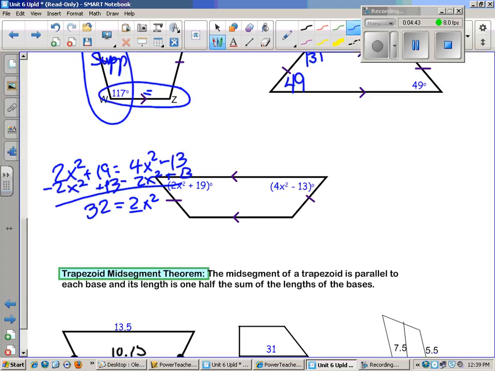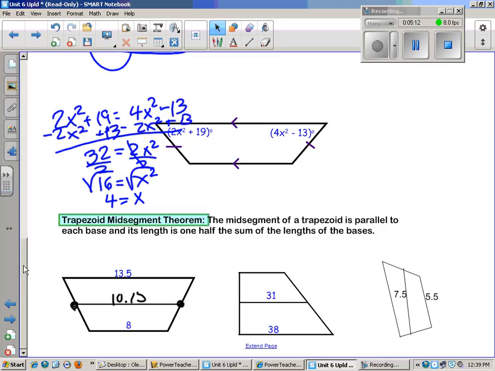Then I divide by 2, and I get 16 equals x squared, because the 2's cancel. And then how do you undo a square? Square root. Good. So I take the square root of both sides, and that's x equals 4. Okay, does that look familiar? Okay, good.